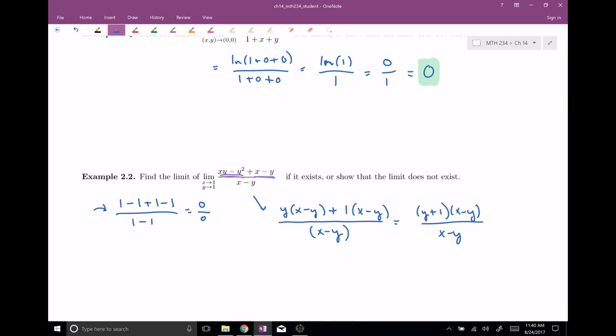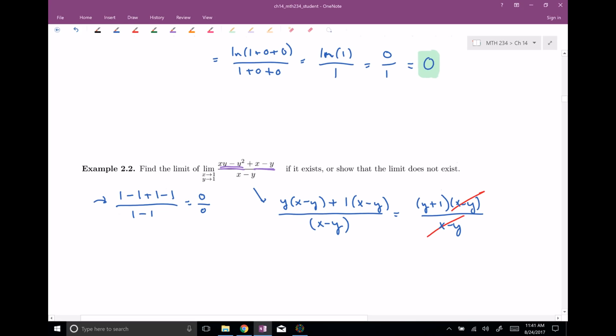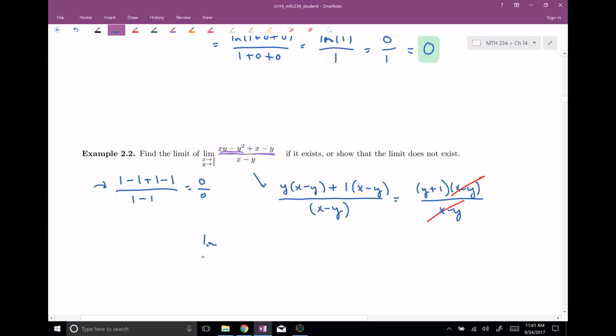Now we can very clearly see this x minus y is going to cancel with the x minus y on the bottom. So we did a little bit of algebra and got something to cancel out. The limit as x goes to 1 and y goes to 1 is the same as the limit of just y plus 1. We canceled everything out, and so we just got y plus 1.